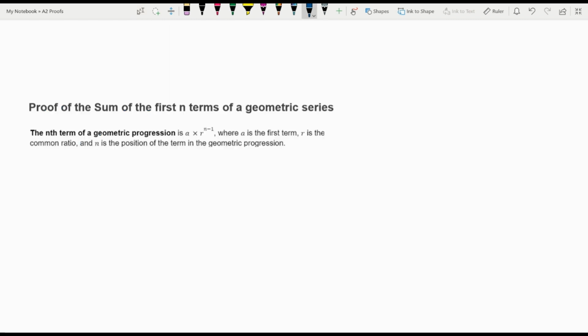Finally, I will show you how to prove the sum of the first n terms of a geometric series. The nth term of a geometric progression is a times r to the power n minus 1, where a is the first term, r is the common ratio, and n is the position of the term in the geometric progression.